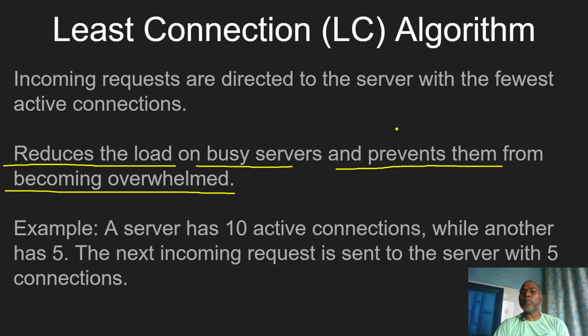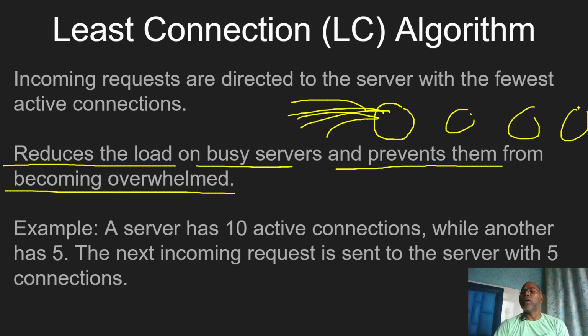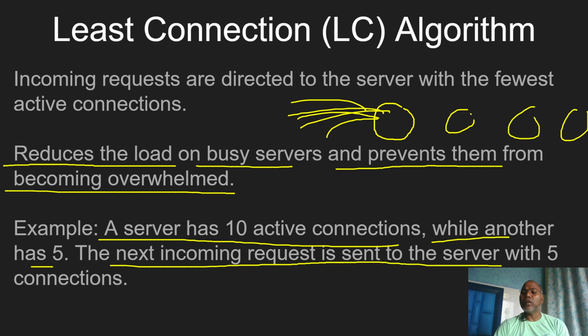So this algorithm ensures that one particular server is not overloaded with more requests while other servers are free and have lots of capacity. For example, one server has 10 active connections while another server has 5. The next request goes to the one with 5 connections, because the first server already has 10 active sessions going on.